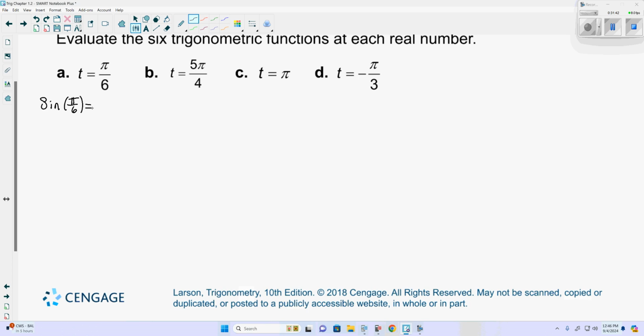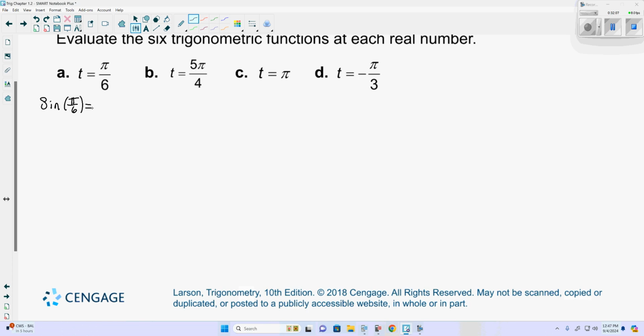Okay. Evaluate the 6 trigonometric functions. We'll do part A today. We'll do the others tomorrow. So if you didn't fill in the ones on the note sheet, that's fine. The unit circle that you have on paper is more important than the one in the notes. Does that make sense?